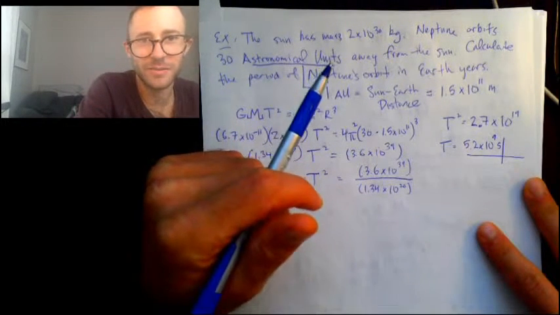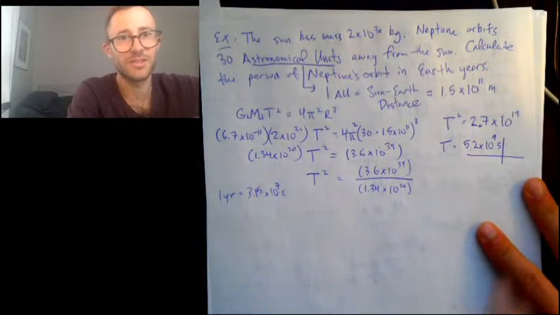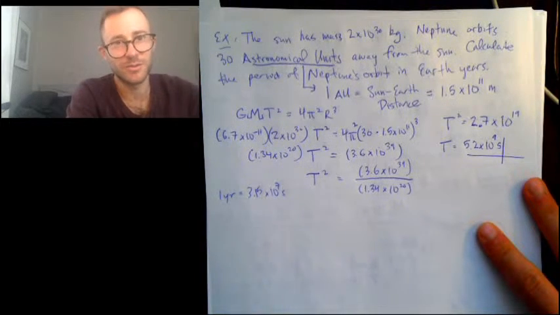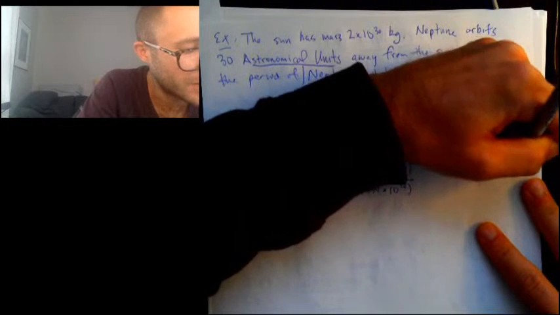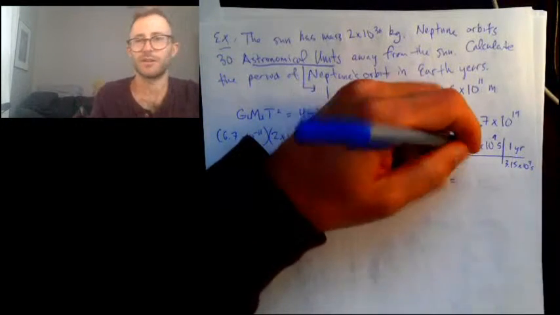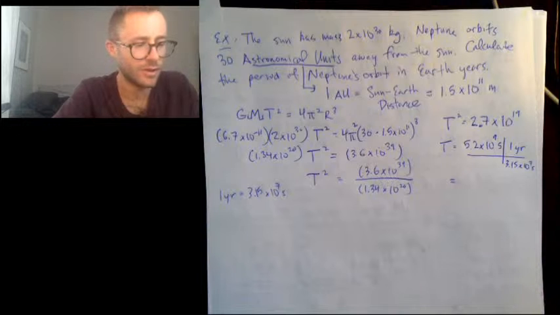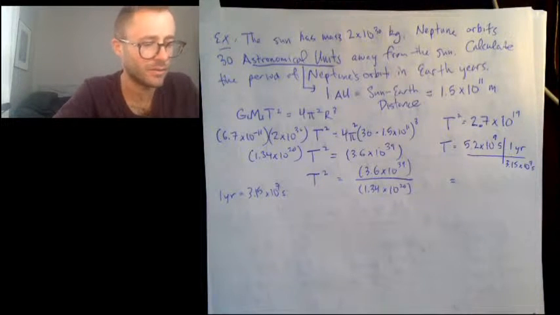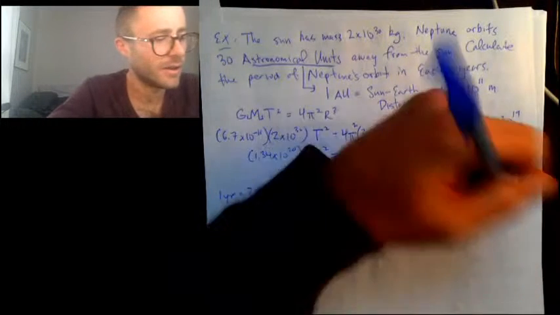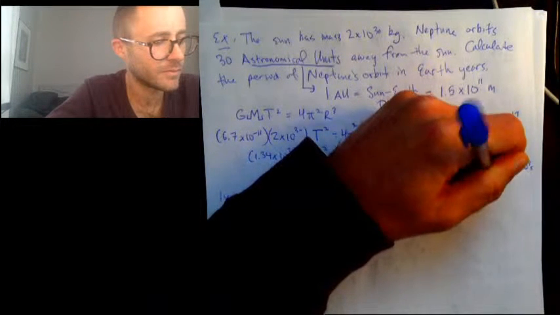So it's 365 days times 24 hours in a day times 60 minutes in an hour times 60 seconds in a minute. So 3.15 times 10 to the 7th seconds is 1 year. So we've got to divide these two numbers, and I'm just doing the unit conversion that you are familiar with from your other classes, probably chemistry. And I get about 165 years. Earth years.